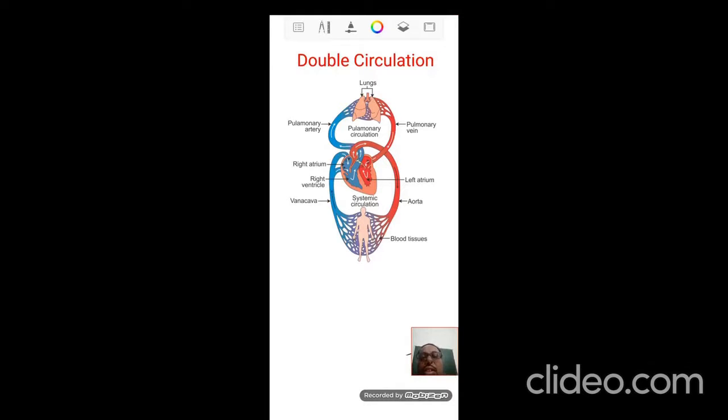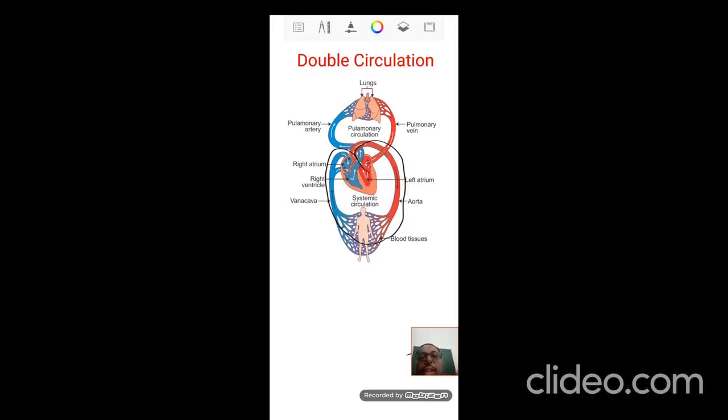It means the blood will enter the heart two times to finish one circulation. That means it comes out through the left side like this, and it will again enter. So it enters the heart two times to finish one circulation. That particular process is known as double circulation.